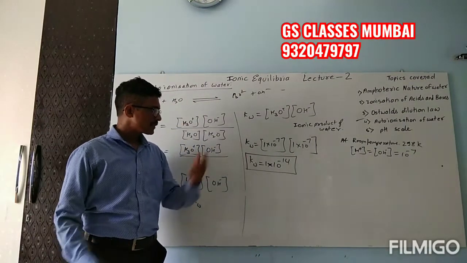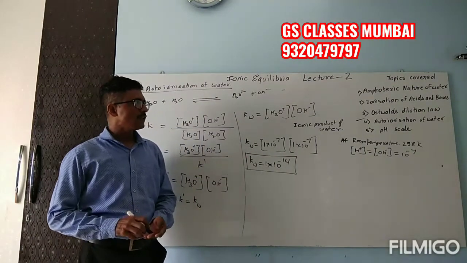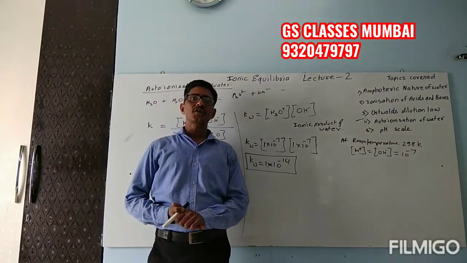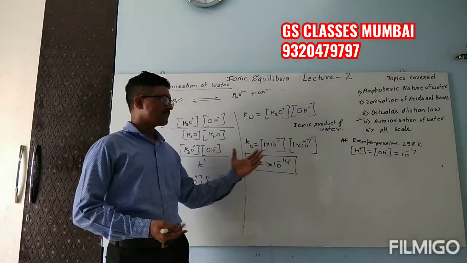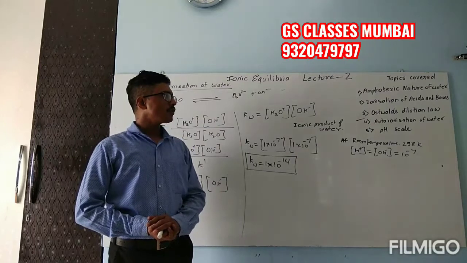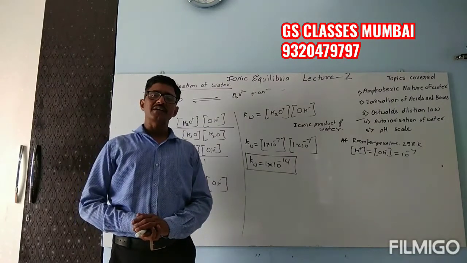And thereafter we can express. So if they are asking you to obtain a derivation for the auto ionization of water, we can write like this. And this was the concept of the auto ionization of water.